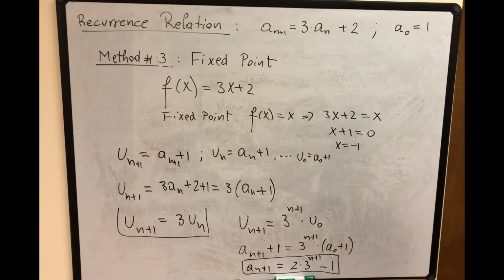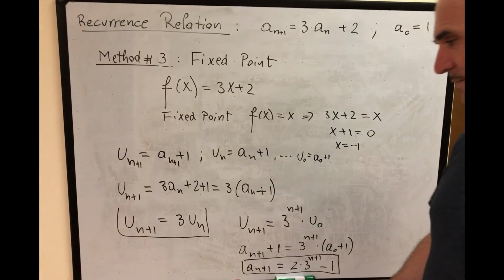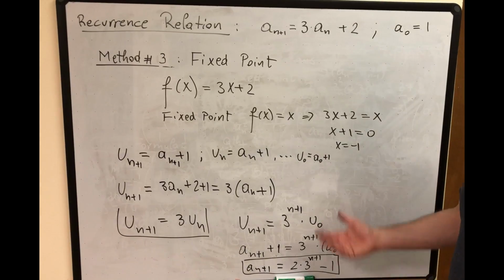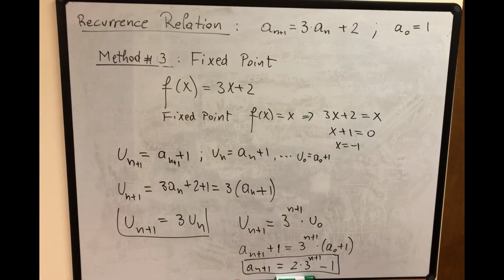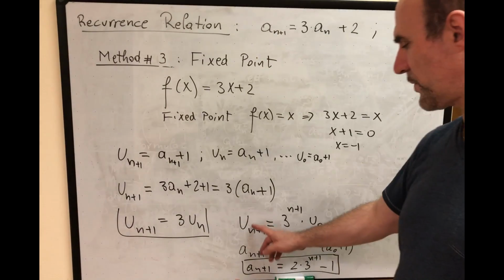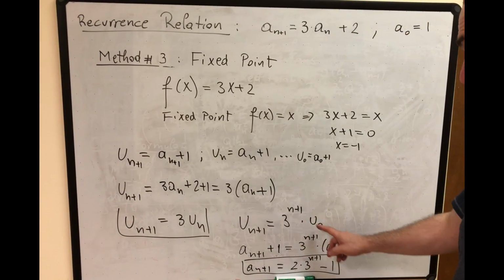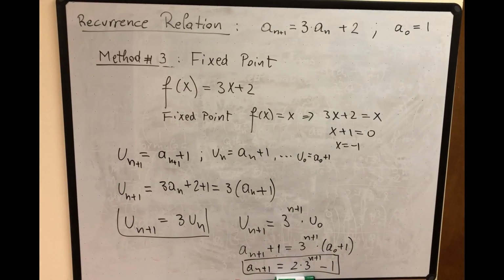So u of n on its own is a geometric sequence. So you can find the general term of the sequence rather easily. u of n plus 1 is going to be 3 raised to the power of n plus 1 times u of 0.